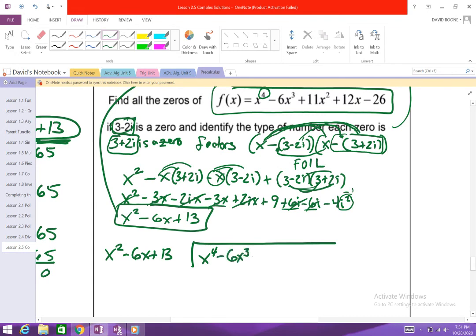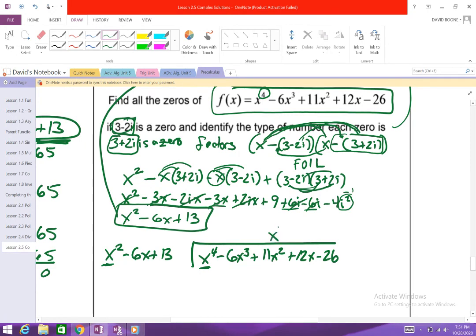So there's no missing ones, so I don't have to have a placeholder with zeros. This is minus 6x to the 3rd plus 11x squared plus 12x minus 26. And here we go. I'll do it right this time. You've got to look to see what's leading those first terms.